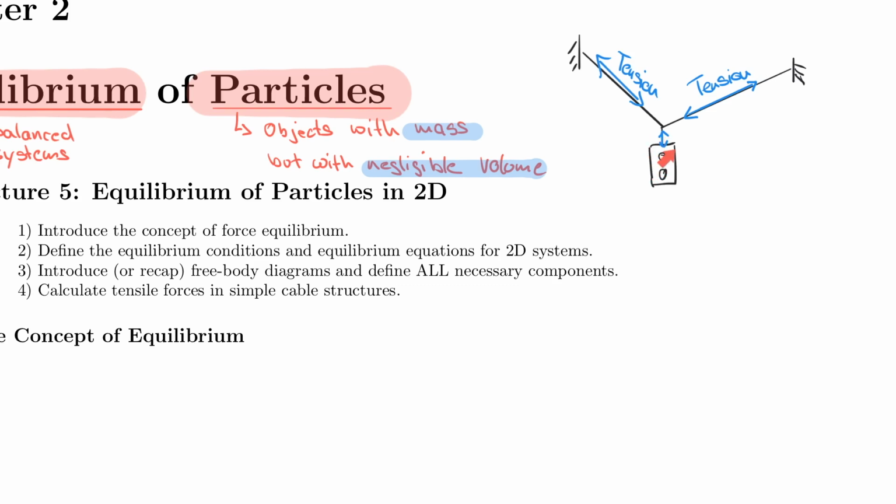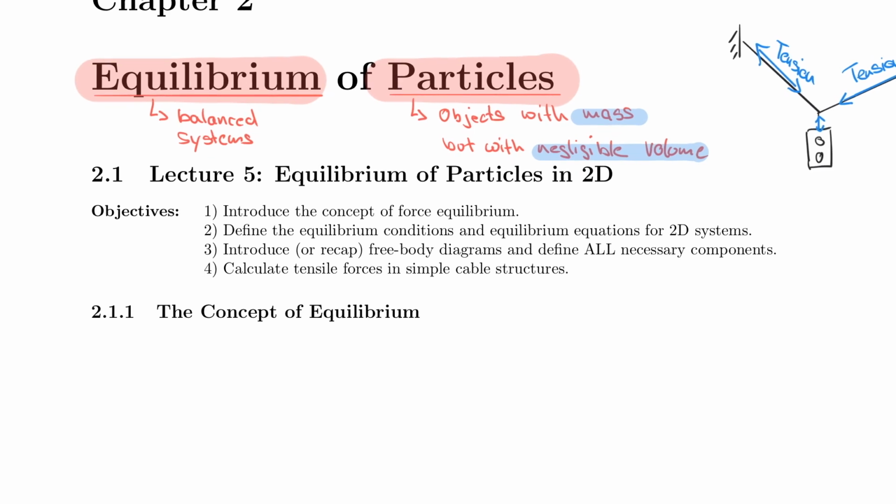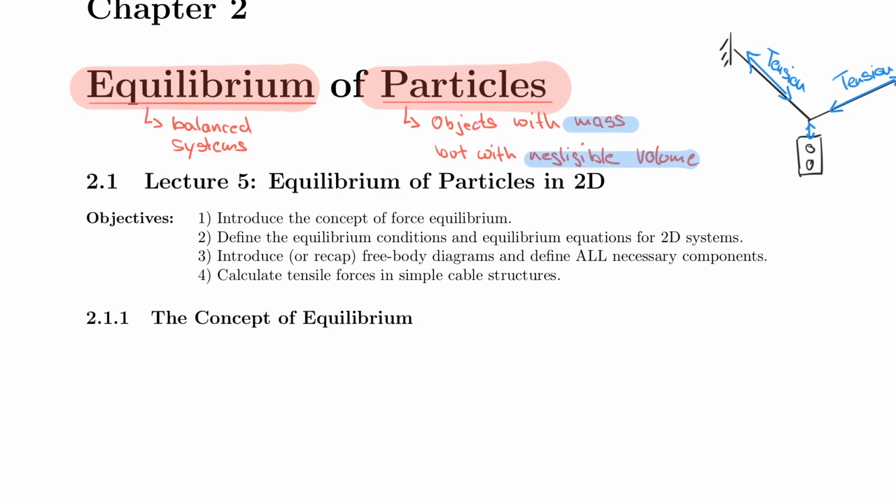The only thing that matters is how much mass this object has. And therefore, we can actually talk about the equilibrium of particles, and particles only for now. Of course, we're going to do this in 2 dimensions first, so that we can prepare ourselves properly for the upcoming 3 dimensions. But we are now ready to tackle the objectives of today's lecture, now that we understand what particles are and where they are used.